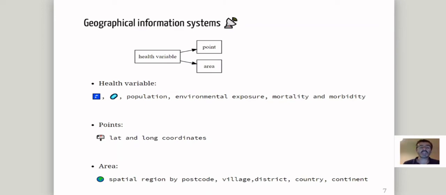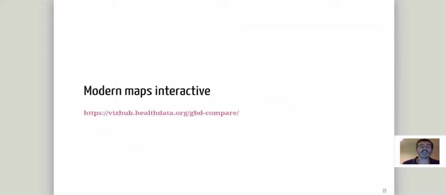So with the modernization of our societies and technologies, we can now have interactive maps where we can play with different variables and see how this information helps us get a better understanding of an issue that we are interested in.